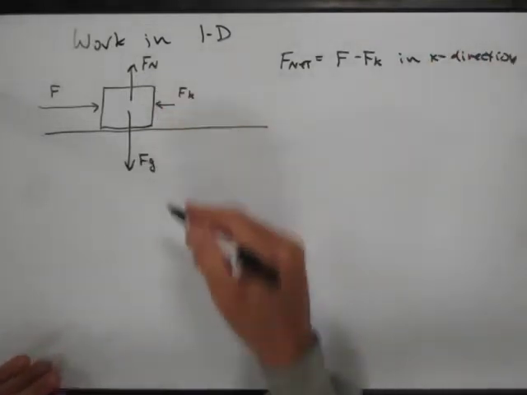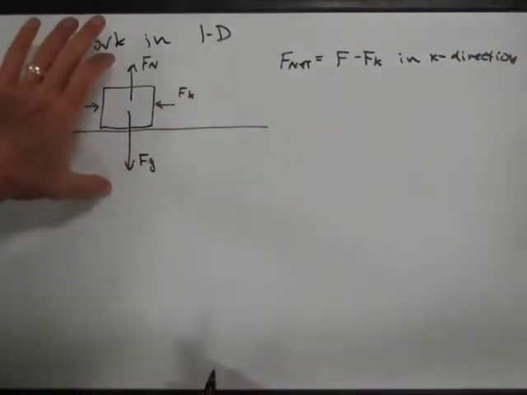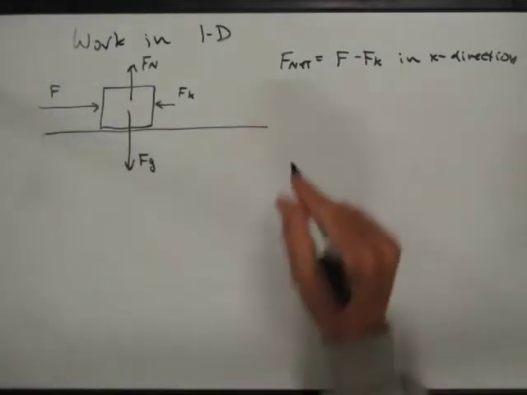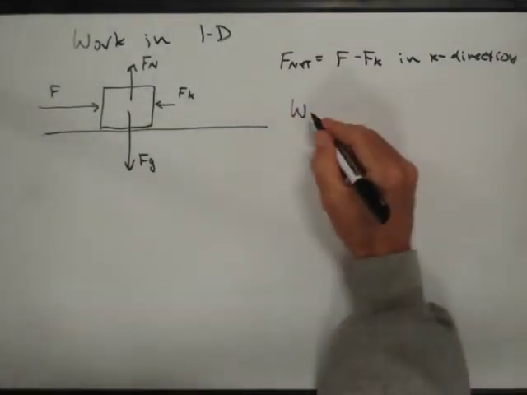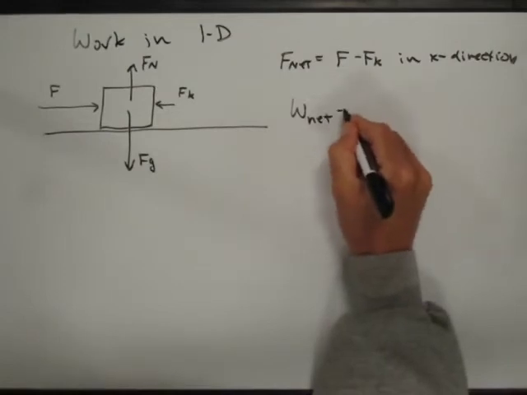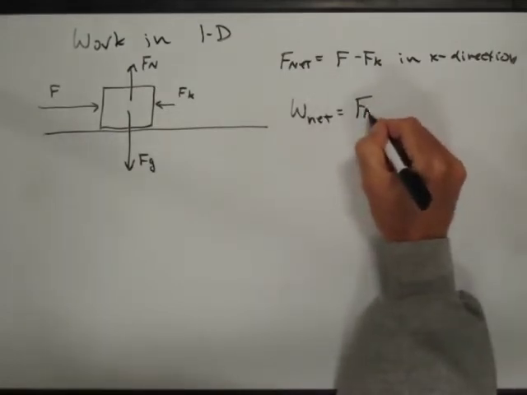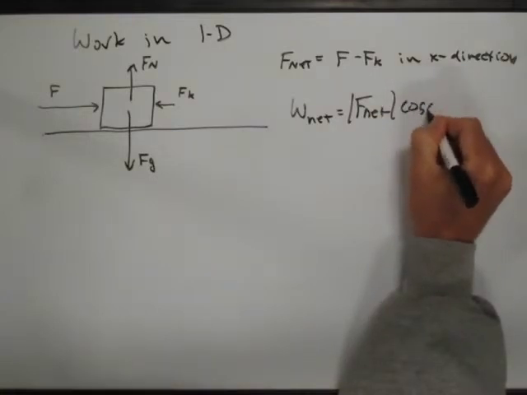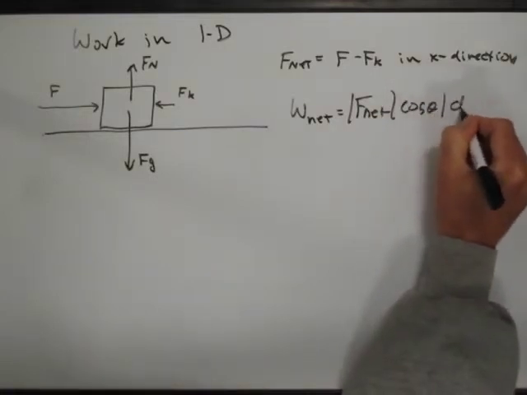I don't have to worry about these because I know it's not accelerating that way, so these must cancel because it's on a horizontal surface. So for this system, the net work done is just equal to F net times cosine theta times the distance.